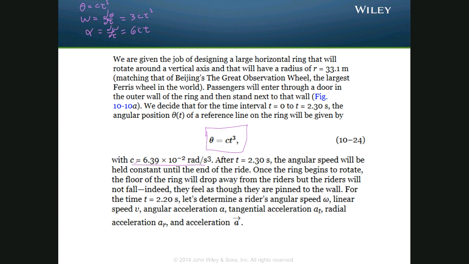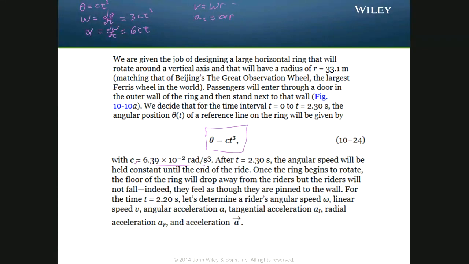So we know that v is equal to omega r, right? And a_t equals alpha r.